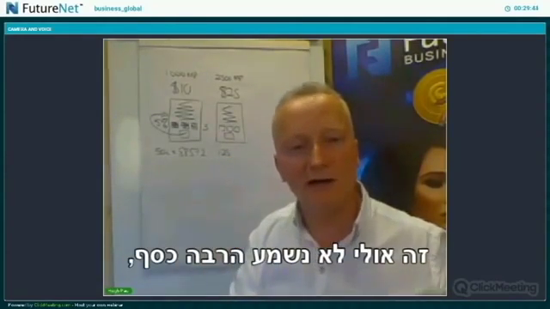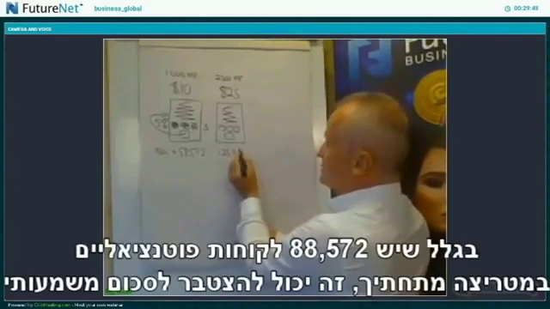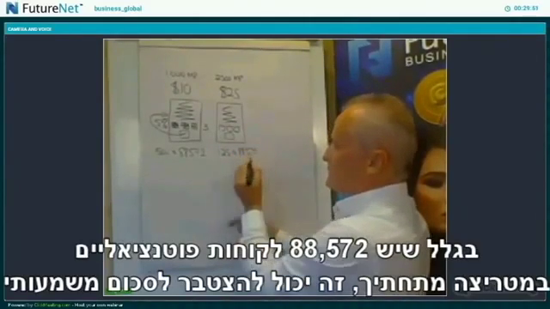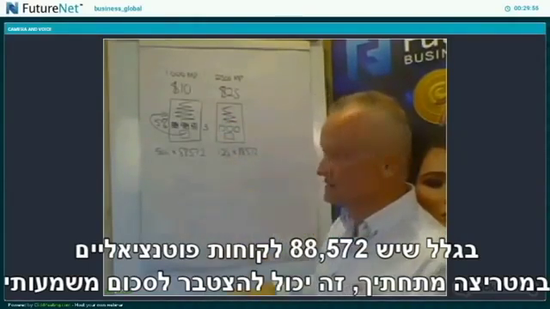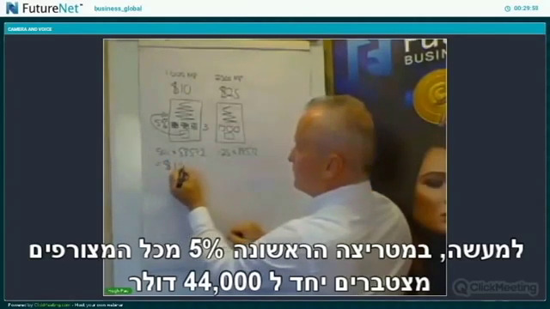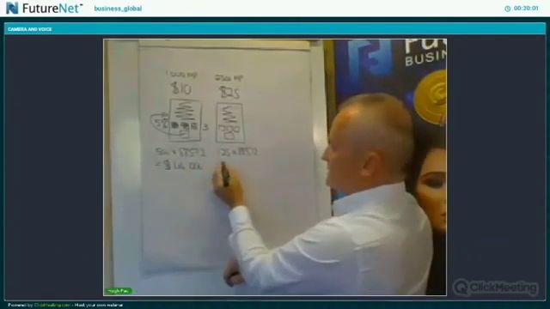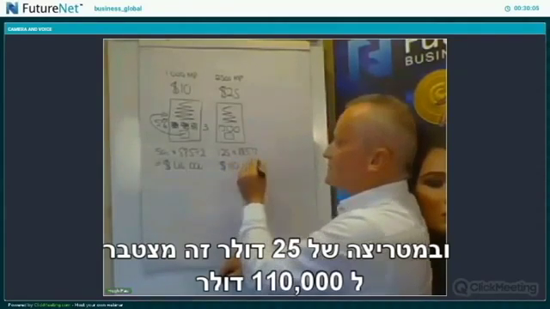Now, $1.25 doesn't sound like a lot of money, but have a look at this. Because there are 88,572 potential sales within the program, this can amass to some very, very serious money. In fact, this can amass to about $44,000. And this, if you multiply it out, is approximately $110,000.